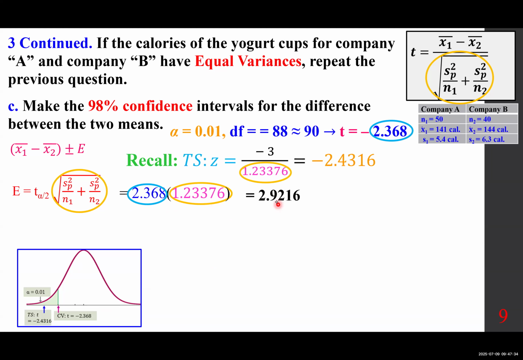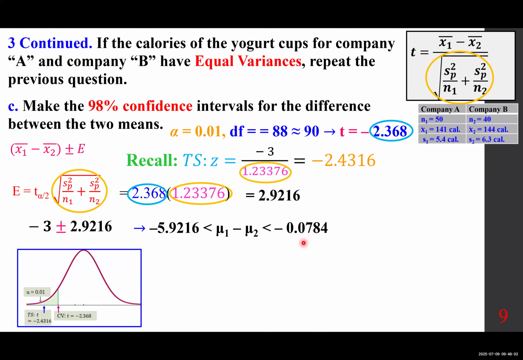Now, x1 bar minus x2 bar is negative 3 plus minus E, plus minus 2.9216. This is one way to report it. So you report it just the way they want it. Or mu1 minus mu2 is between the two numbers: minus 3 minus this number and minus 3 plus this number.